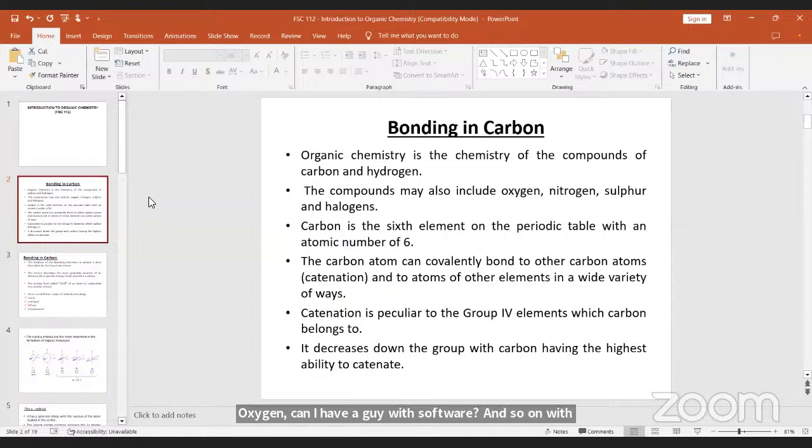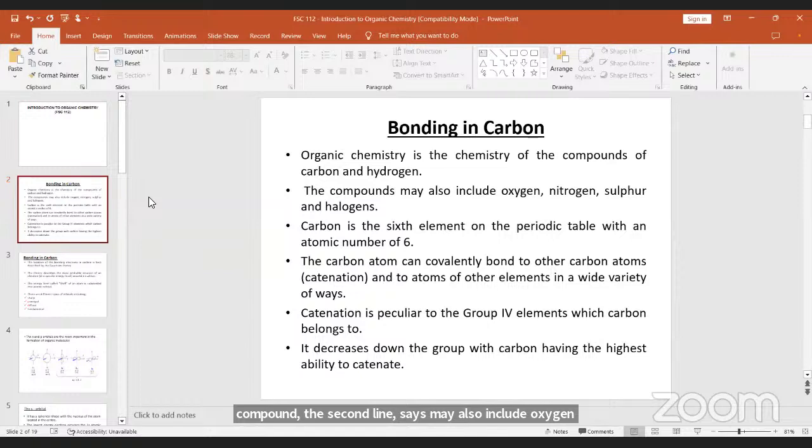Though basically most organic compounds contain carbon and hydrogen, it is not out of place to find other elements in those compounds. The compound, as the second line says, may also include oxygen, nitrogen, sulfur, and halogen, as the case may be.